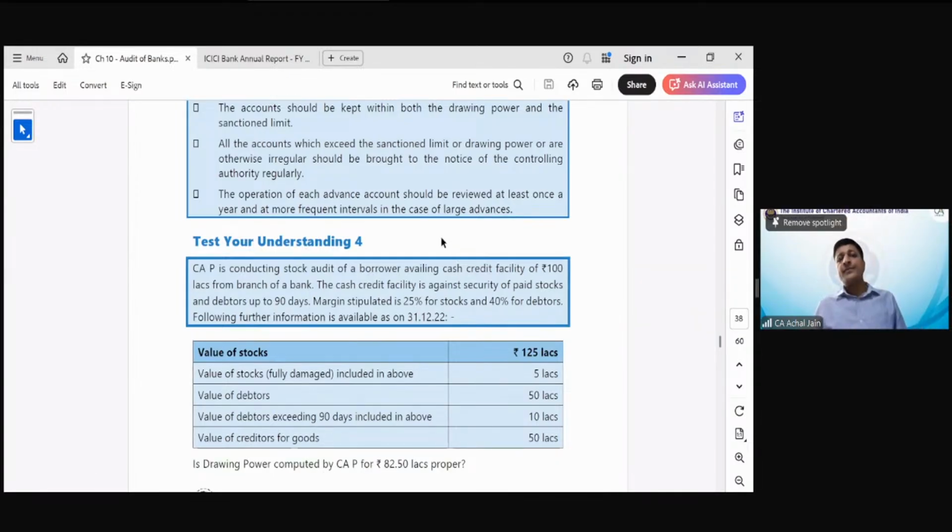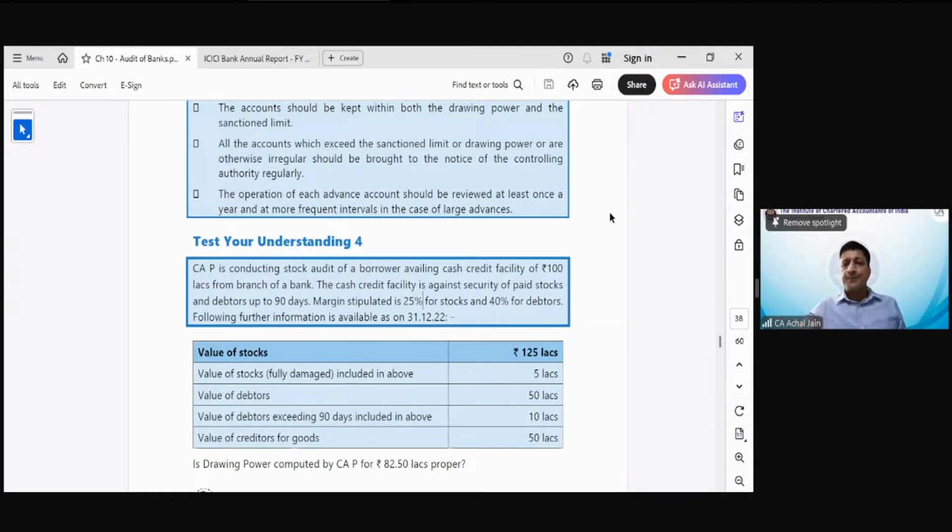Number one, to begin with. Further, even on this paid stock and on these debtors which are only up to 90 days old, the bank is saying it will consider a margin of 25% on stock and 40% on debtors. So the bank is again giving itself some more cushion. Understood? That's how the bank is trying to protect itself.